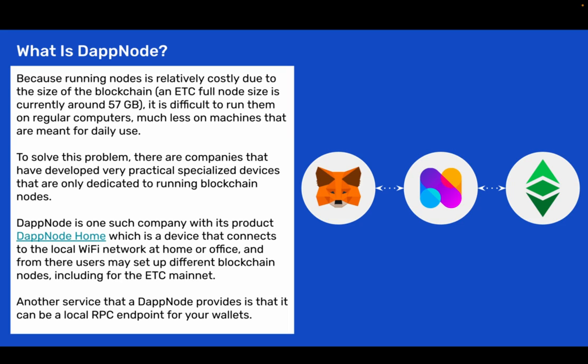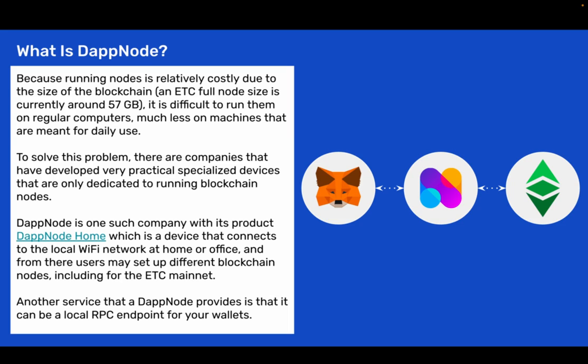Because running nodes is relatively costly due to the size of the blockchain, an ETC full node size is currently around 57 gigabytes, it is difficult to run them on regular computers, much less on machines that are meant for daily use. To solve this problem, there are companies that have developed very practical specialized devices that are only dedicated to running blockchain nodes.